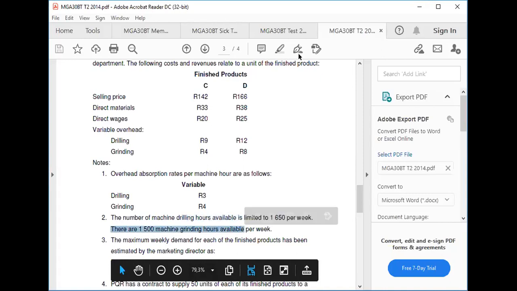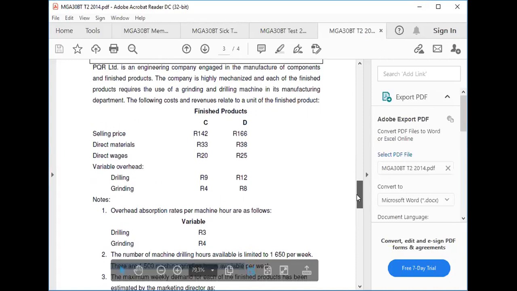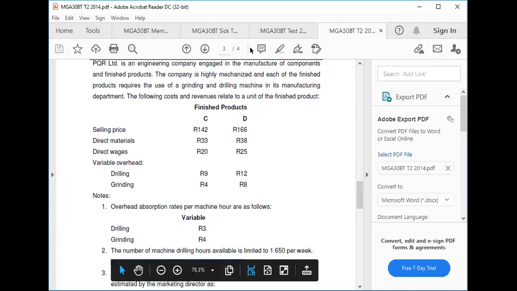For those who just joined, guys, this is test 2 2014. So I'm going to Excel, guys, to share the calculations.